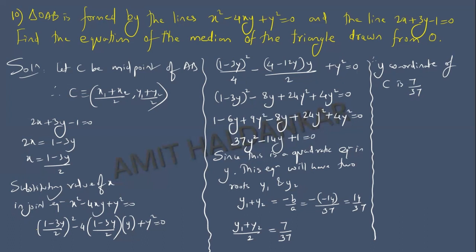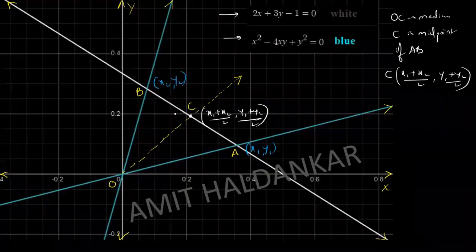Okay, so you got the y coordinate of C. Now this C also lies on this line. C also lies on 2x plus 3y minus 1. So I'll substitute the value of the y coordinate over here and I'll get the x coordinate. I'll substitute the y coordinate over here to get the x coordinate.